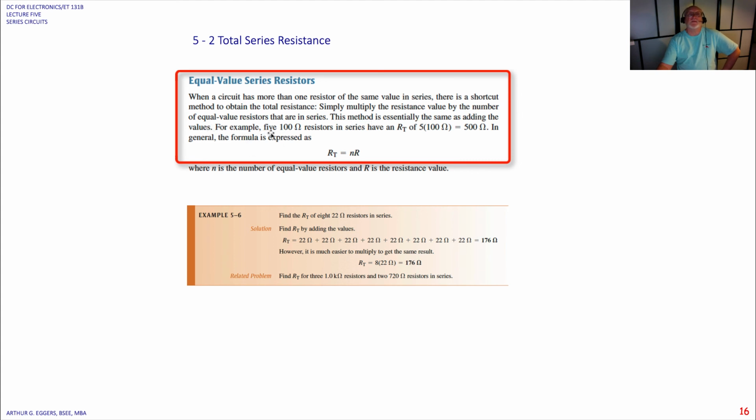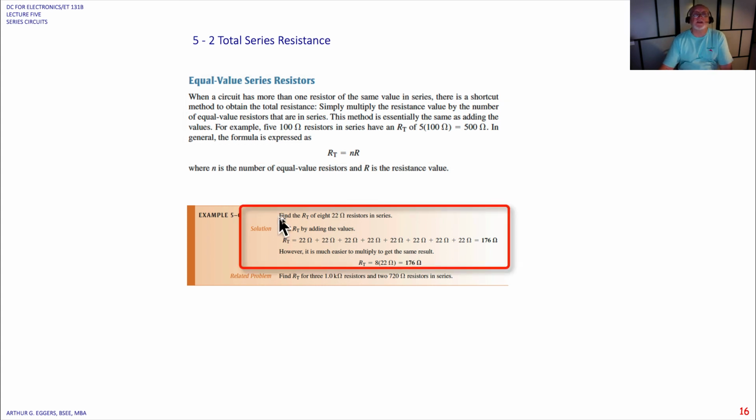For example, 5 100 ohm resistors in series has a total resistance of 5 times 100, which gives us 500. In general, the formula is expressed as total resistance equals the number of resistors times the value of the resistors, if they have the same value.